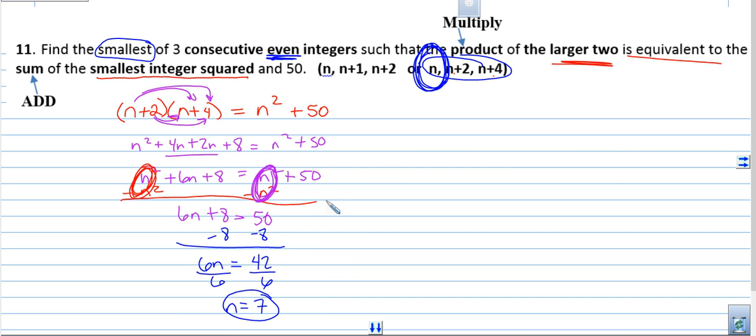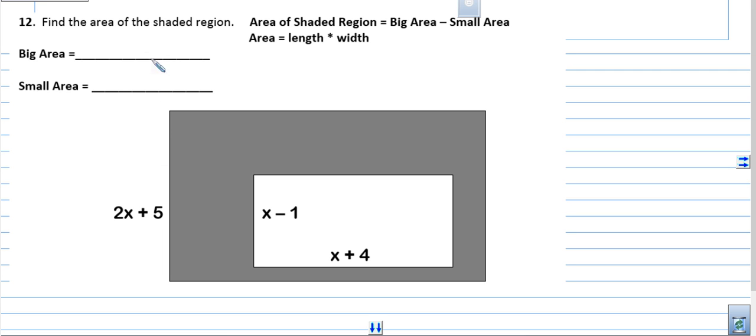And question 12, area of a shaded region. Well, area of a shaded region is the big area minus a small area. So you take the area of everything and you subtract out this missing section, the area, and that'll give you the area of the shaded part. Okay? And remember, area for a rectangle is length times width.